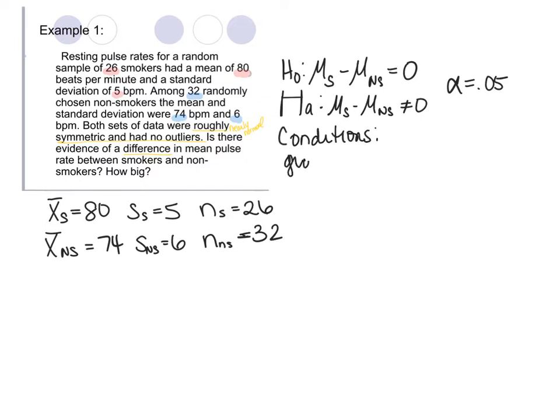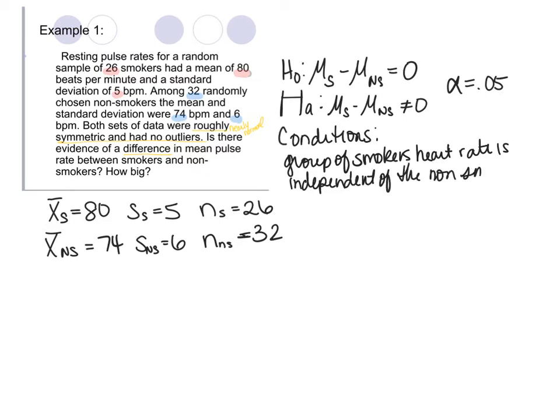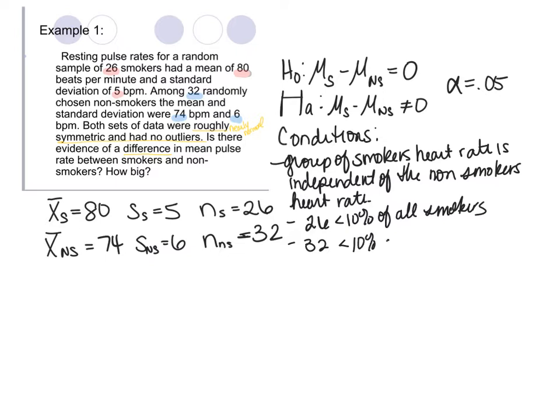So the group of smokers' heart rate is independent of the non-smokers' heart rate. 26 is less than 10% of all smokers, and 32 is less than 10% of all non-smokers. Both samples were random.